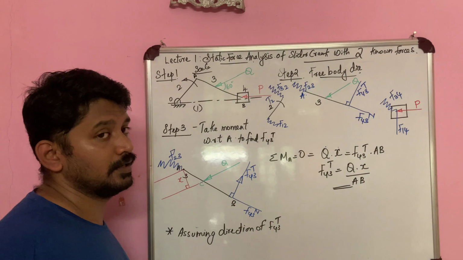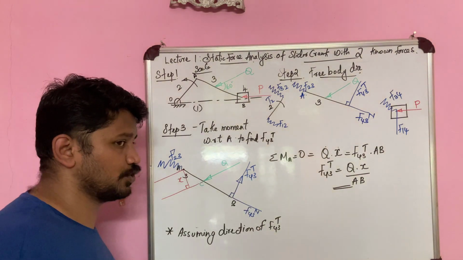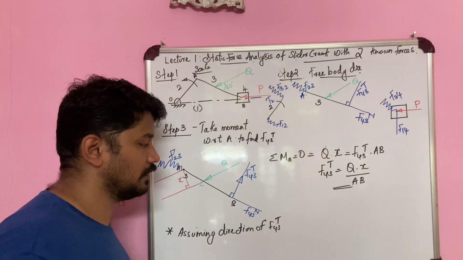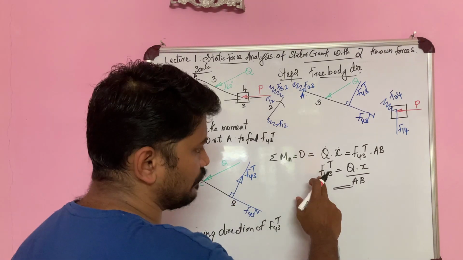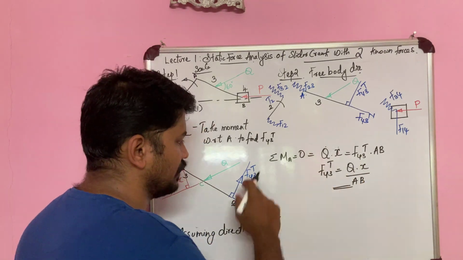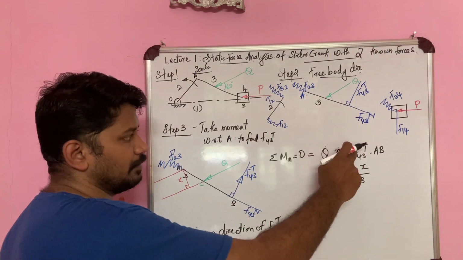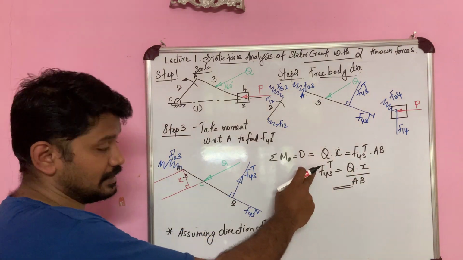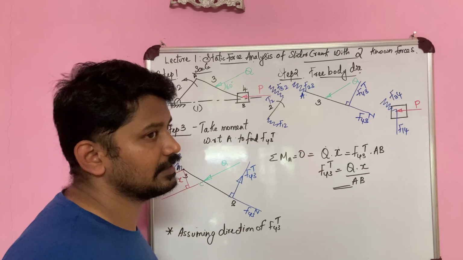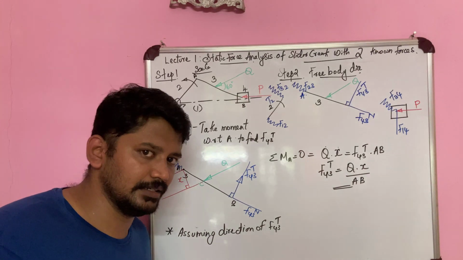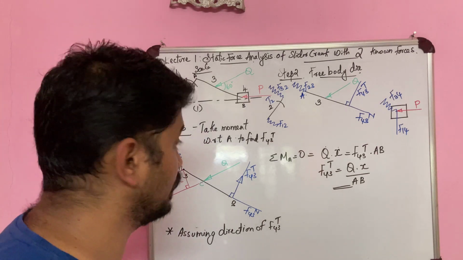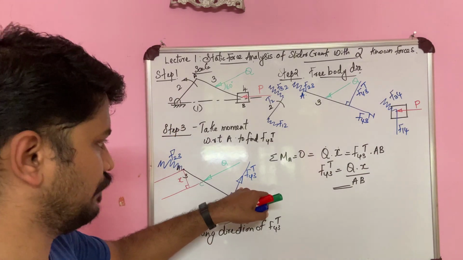Now if we had assumed this direction as downwards or clockwise with respect to point A, then I would have got a negative sign over here, right? Then I could have said that the assumption is wrong and F43T is acting in the opposite direction to what was assumed. Right, so I got the value of F43T.